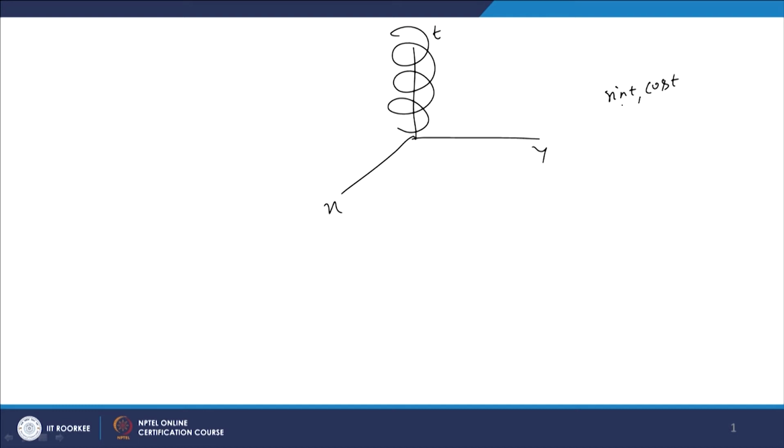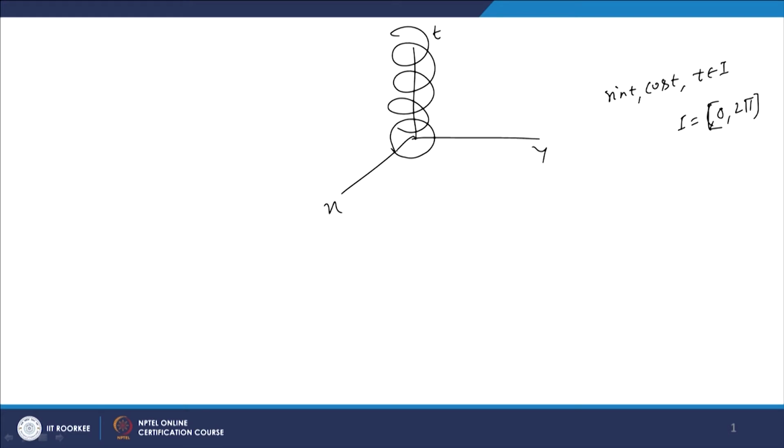If you consider t running in some interval I, for the time being let us take this interval as the closed interval 0 to 2π. Then this is traversing a path in 3 dimensional space, but if you look at the projection of this 3 dimensional figure onto the xy plane, it looks like this.